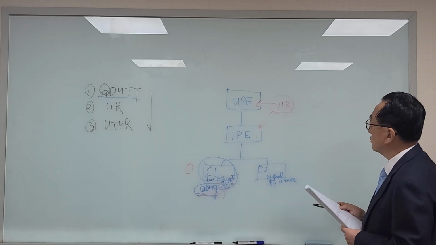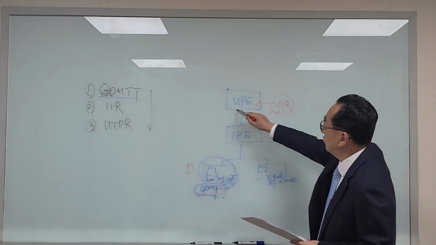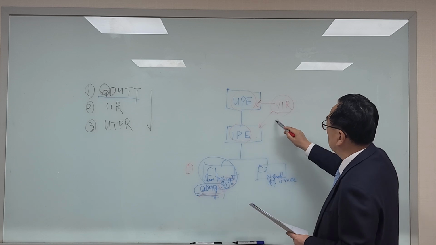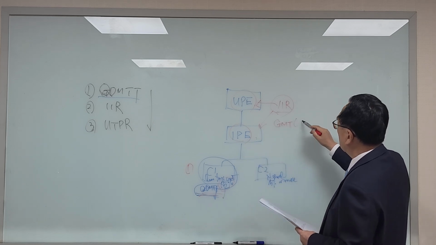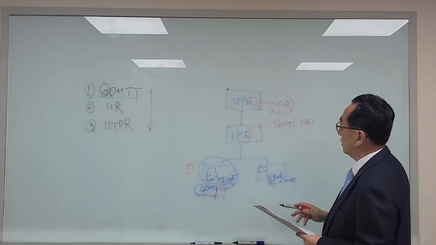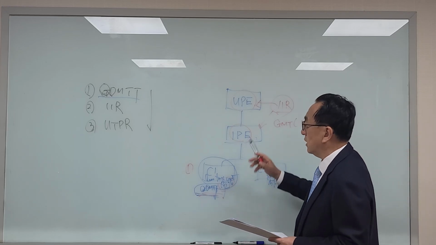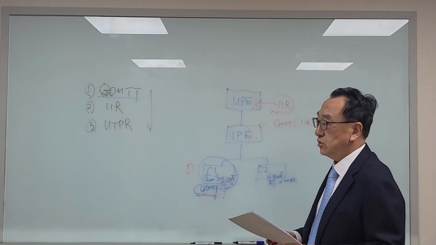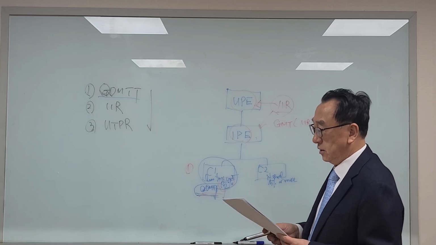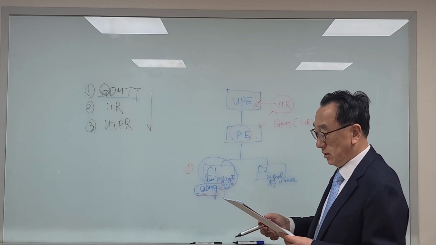Of course, if the UP or IP does not adopt the GMT or IIR, then the UP or IP cannot tax the GMT internally in their country.